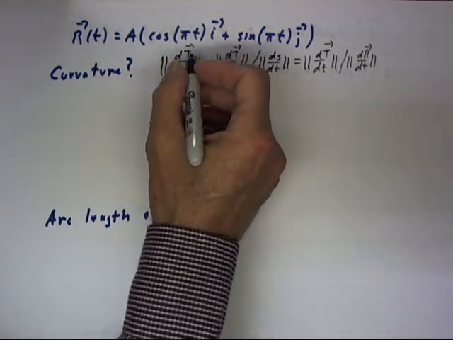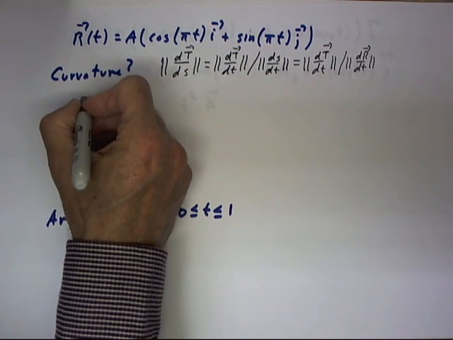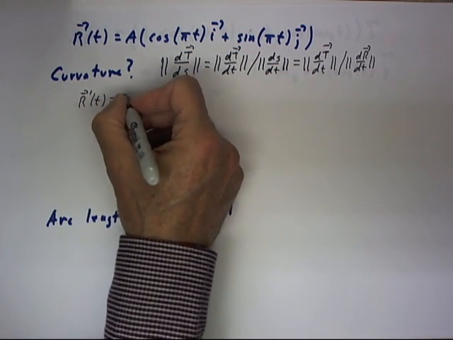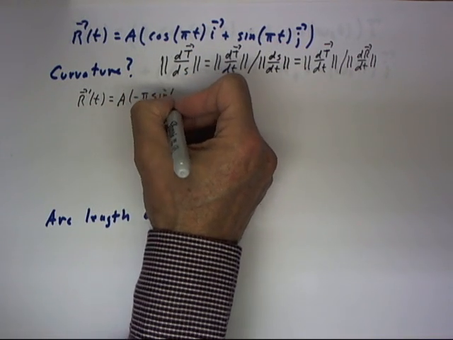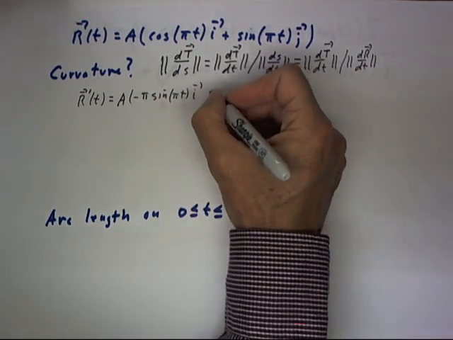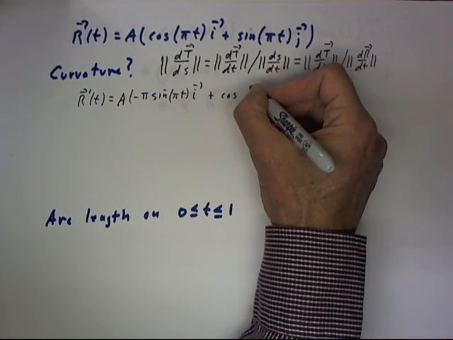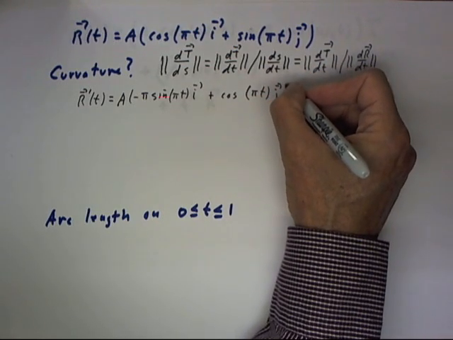Now, what's our unit tangent vector? First of all, r prime of t equals a times negative pi sine of pi t i plus cosine of pi t j.